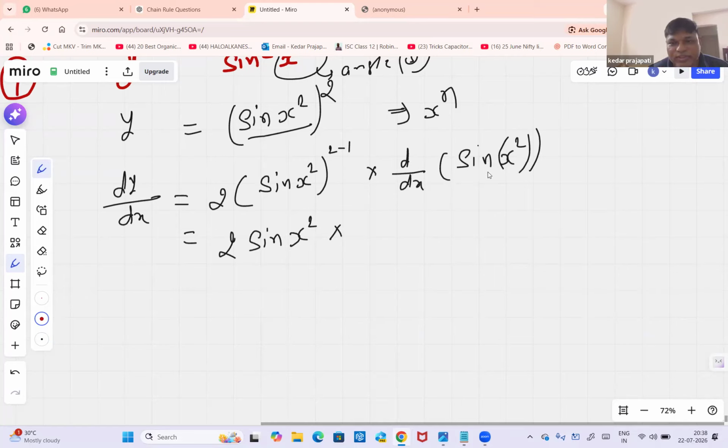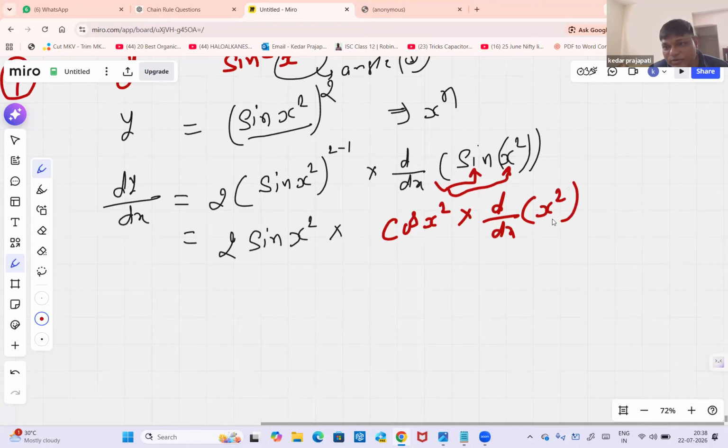d by dx of sine x is how much? Cos x. So I'll be able to write it like cos x square, then d by dx of x square. Clear or not? Yes. Any doubt? Tell me, I'll explain again.